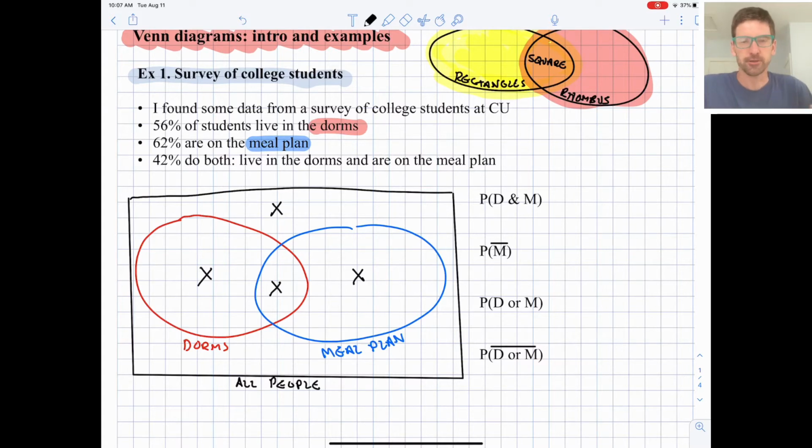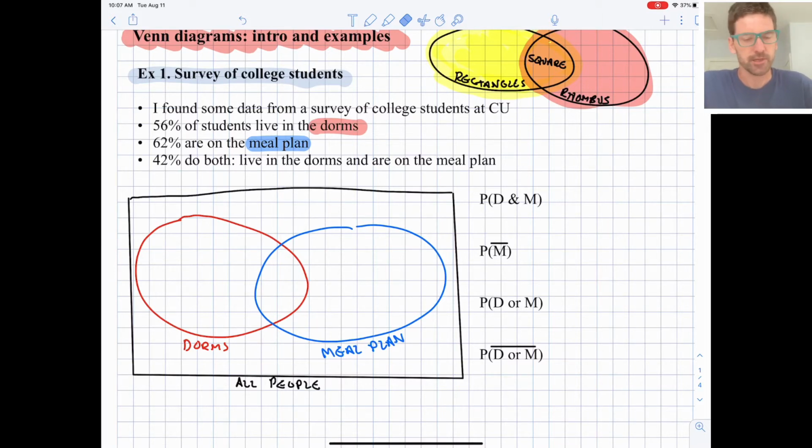So we have 4 categories of people to think about, and hopefully from the information we're given, we can fill in some numbers. One thing to keep in mind is that the size of these zones I've drawn is not to scale. It doesn't represent the size of the group in that zone. So don't think that these are a scale diagram.